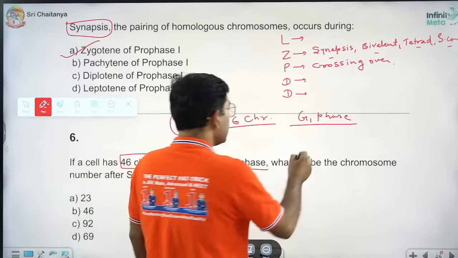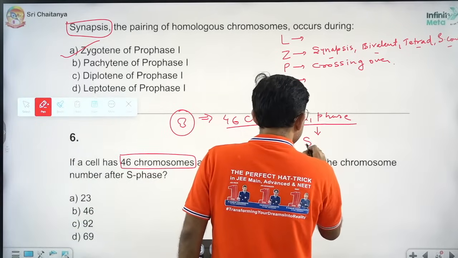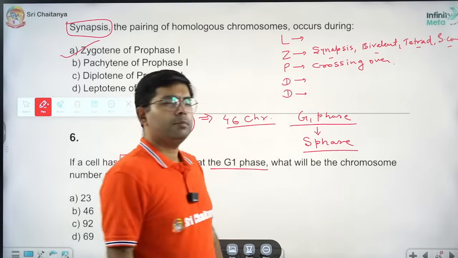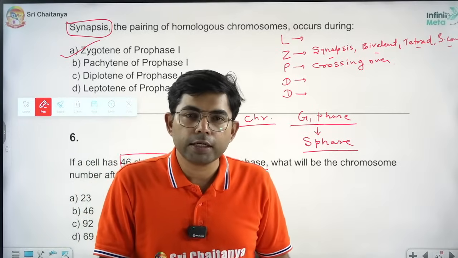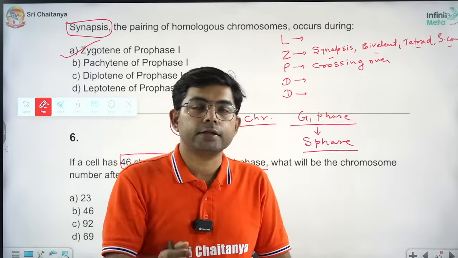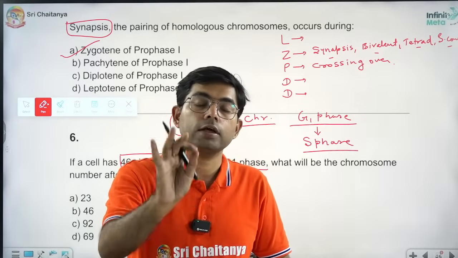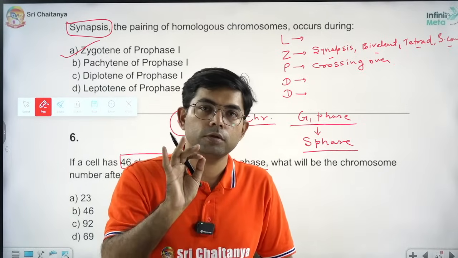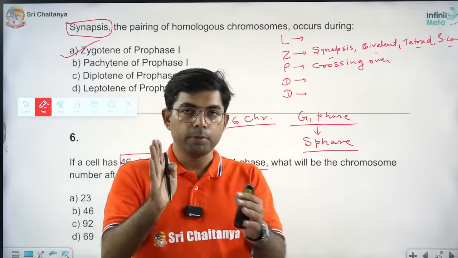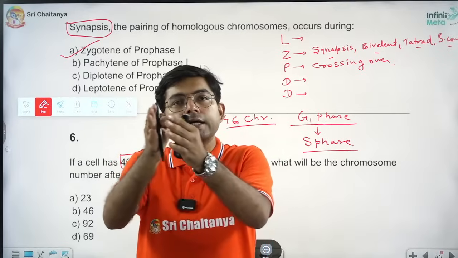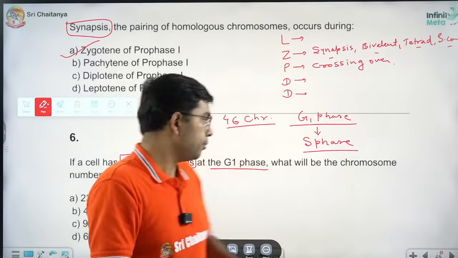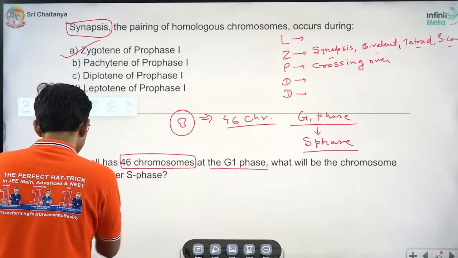After G1 phase, in S phase, DNA replication takes place. But does that replication double the number of chromosomes? It doubles the DNA content, not the number of chromosomes. Remember, the DNA content gets doubled, but the number of chromosomes remains the same. So here 46 will remain 46.